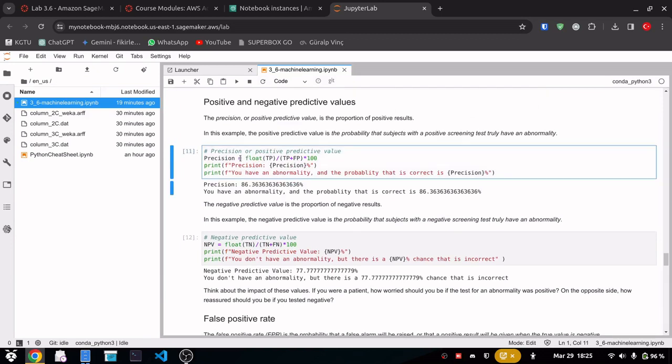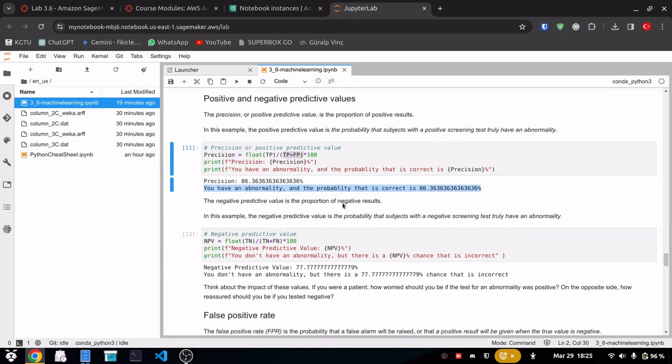So we compute the precision by dividing the true positives by the true positives plus false positives, which means if you have an abnormality, the probability that the result is correct is 68%.